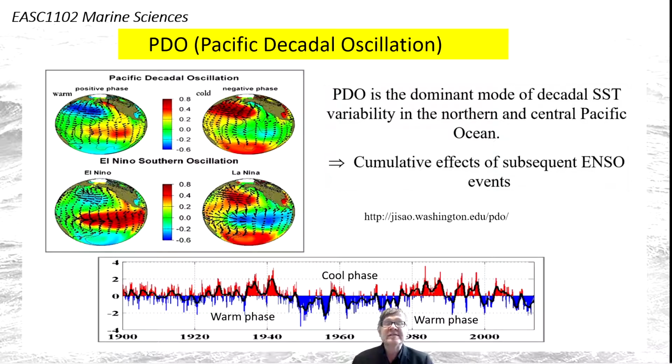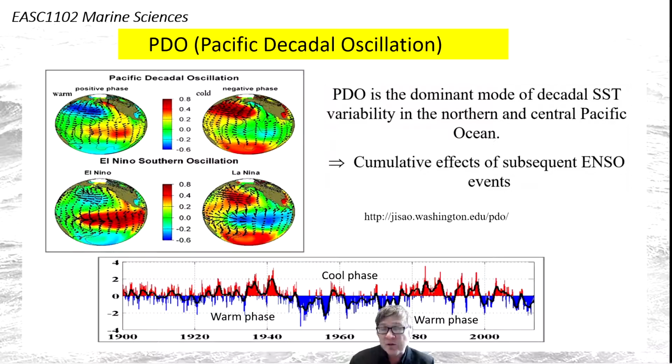So the warm phases show you the decades where you have many El Niño events. And the blue, the cold phases, are the decades where you have fewer El Niño events.